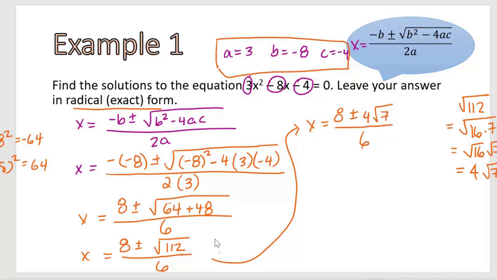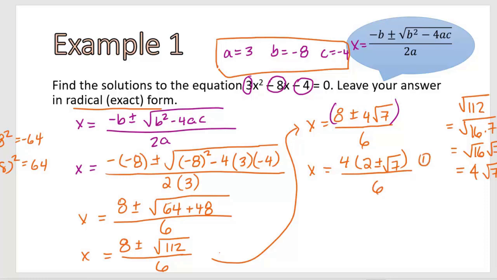Now I notice that looking just at this numerator, I have two terms and they have a common factor. Both the 8 and the 4 root 7 are divisible by 4. So I'll pull out the common factor. We get x is equal to 4 times 2 plus or minus the square root of 7, divided by 6.